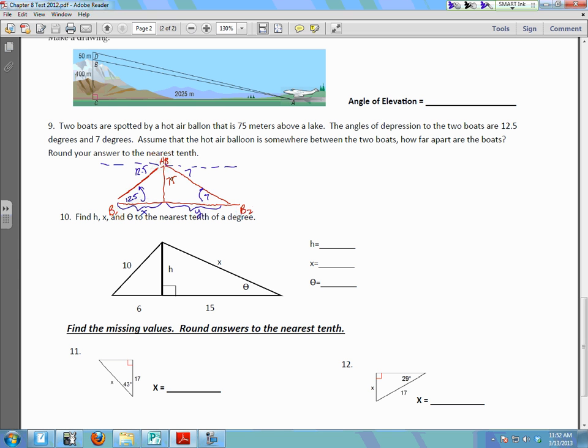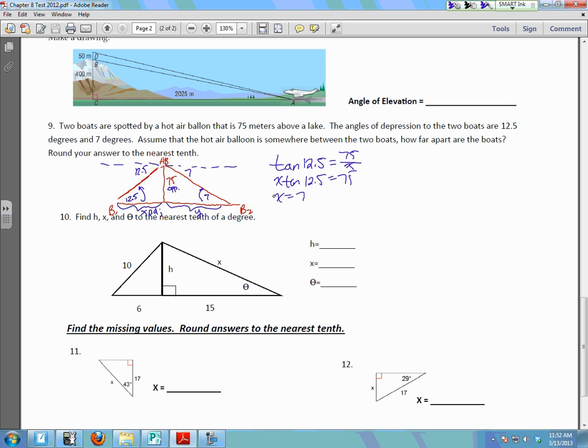Well, if I use the angle of 12.5, this side here is opposite, and x would be adjacent. So now I'm going to use tangent to find x. So tangent of 12.5 is equal to 75 over x. Cross multiply, you get x tangent of 12.5 is equal to 75.